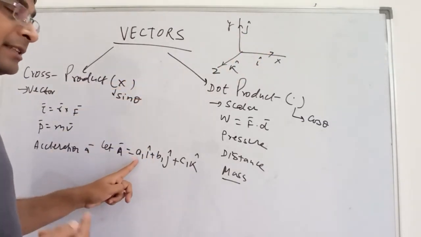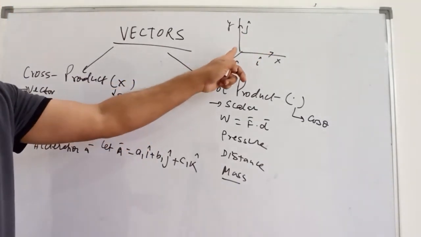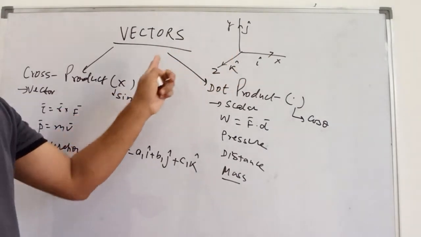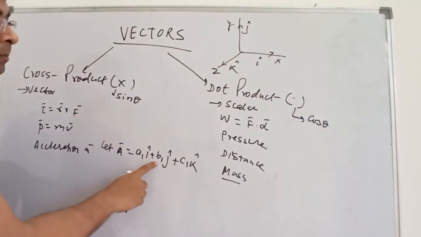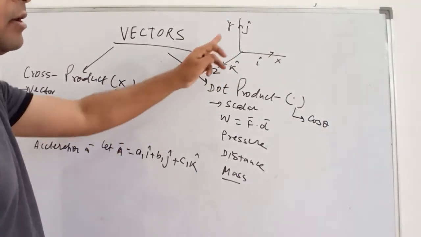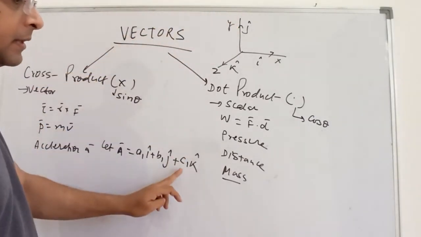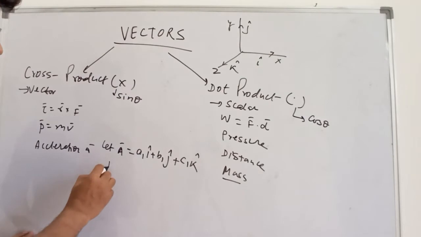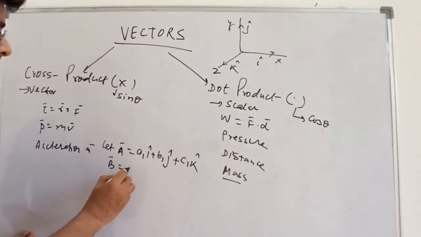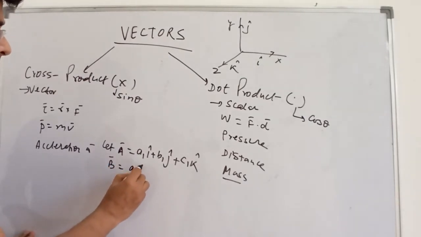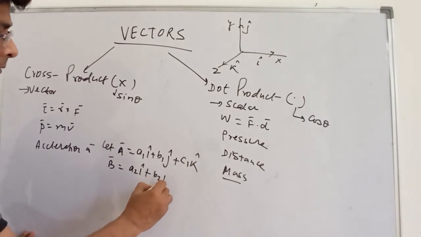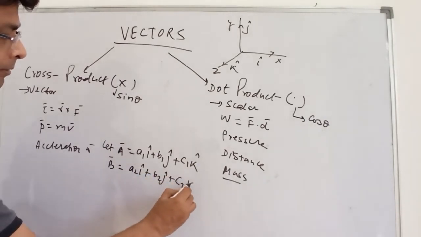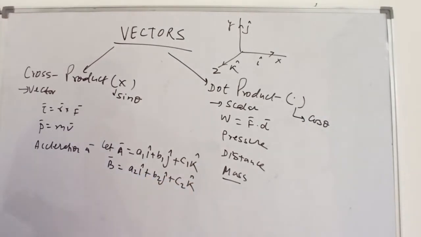If it is minus A1 i, then I would have said A1 is along the negative x-axis. B1 j cap means B1 is along y-axis and C1 is along z-axis. Similarly, I can write B vector is equal to A2 i cap plus B2 j cap plus C2 k cap.